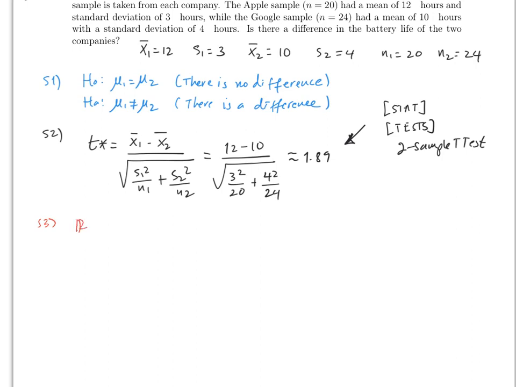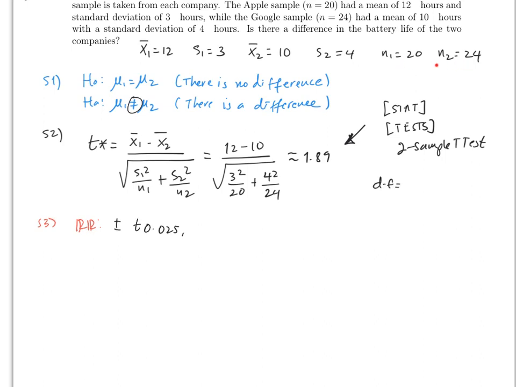So the rejection region will be plus or minus, because it's 2 tails, at t of 0.025. Again, alpha is not given, so by default it's 0.05. The degrees of freedom is the smallest n.